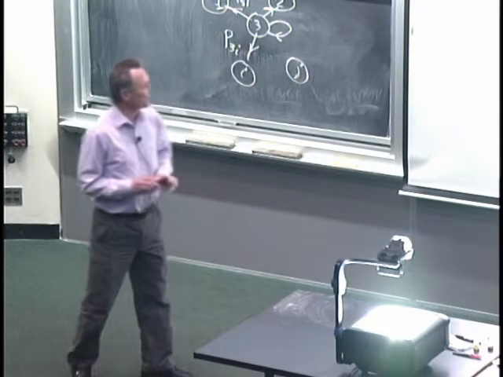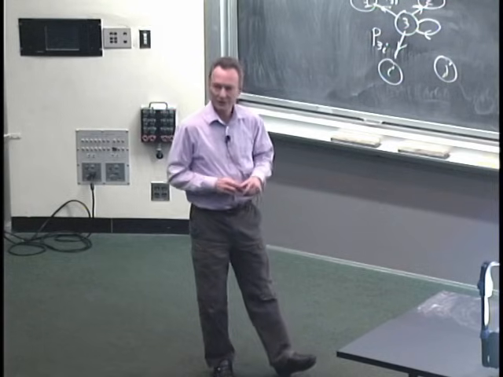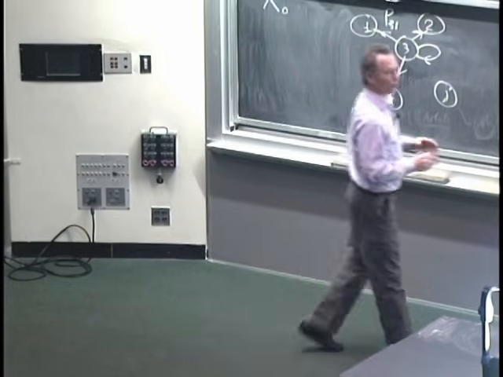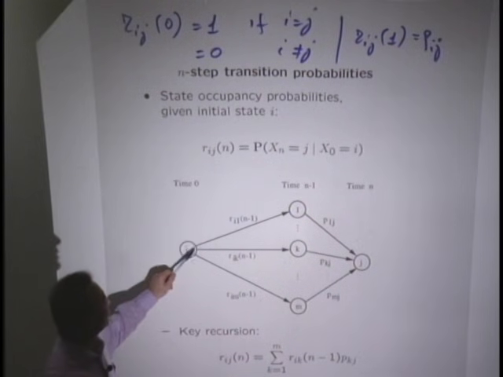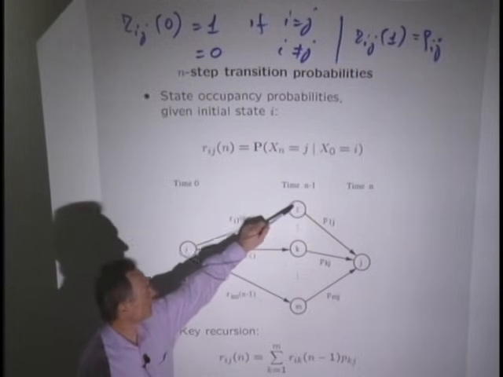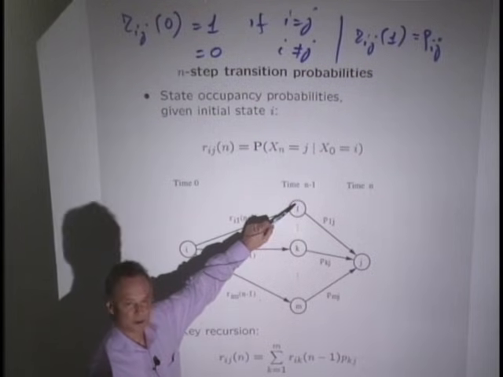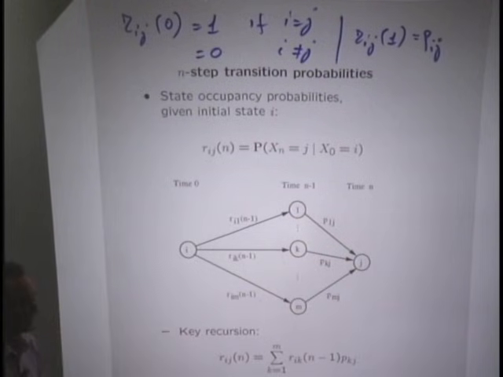Now, this event can happen in lots of different ways, but let us group them into subgroups. One scenario is the following. During the first n-1 time steps, things happen, and somehow you end up at state 1. And then, from state 1, at the next time step, you make a transition to state j.